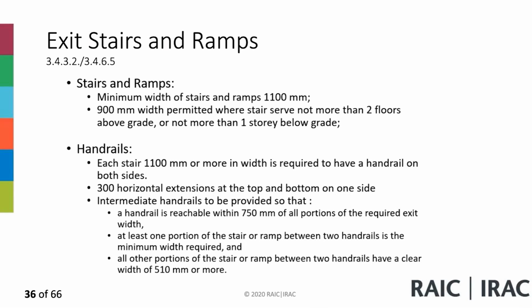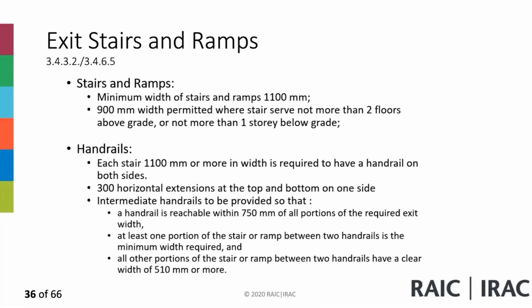Handrails, similarly, we have handrail provisions for stairs. Each stair that is 1.1 meters or more in width is required to have a handrail on both sides, and that handrail needs to extend 300 millimeters horizontally at the top and the bottom on one side. Intermediate handrails must be provided so that a handrail is reachable within 750 millimeters of all portions of the required exit width.